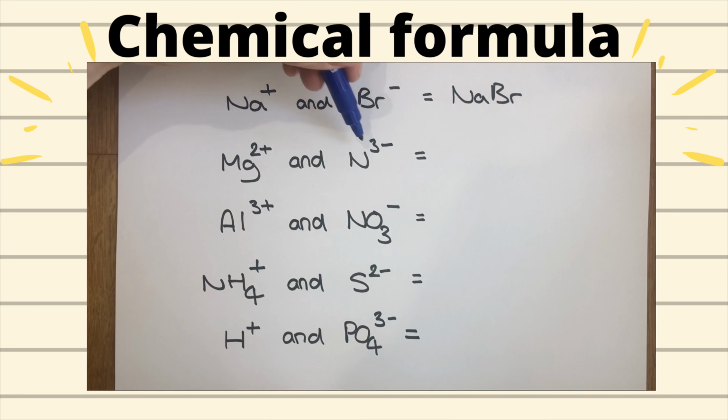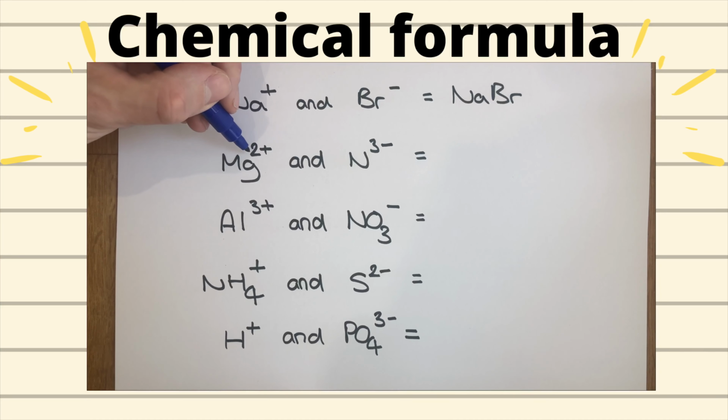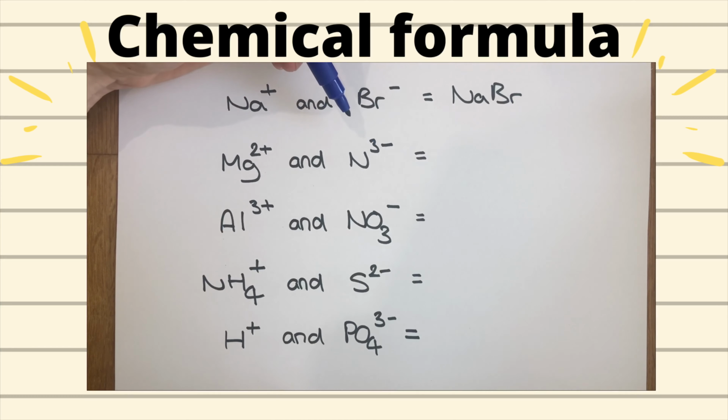If, however, like this example, we've got two different charges that aren't equal and opposite, what we're going to have to do is find a common multiple of the number and then multiply up the two ions so that we can get the correct formula. For instance, here, I've got magnesium 2+, which is a group 2 metal ion, and I've got a nitride as well.